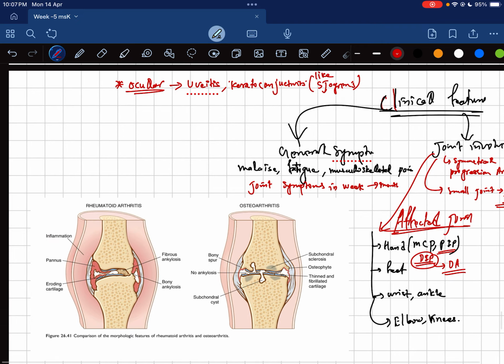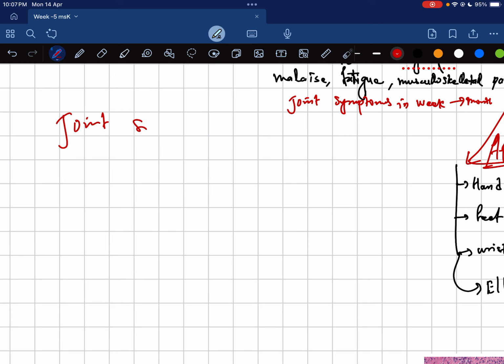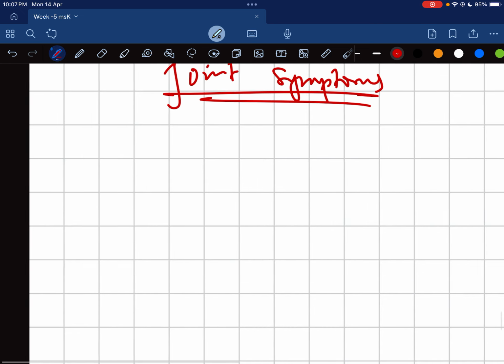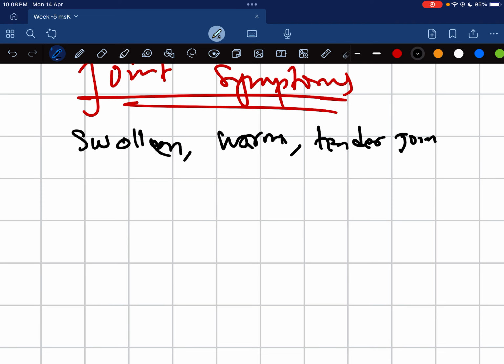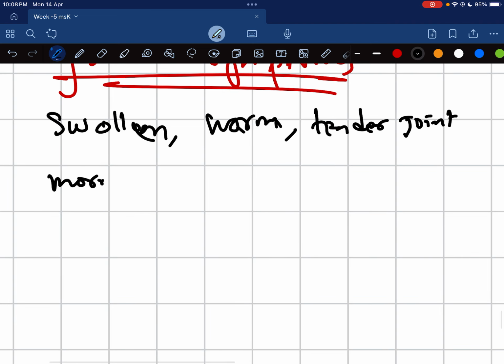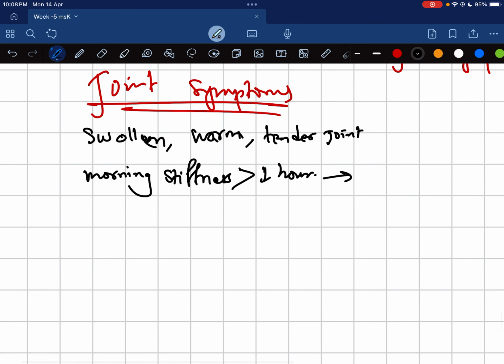Now the joint symptoms. The joints are swollen, warm, and tender, and there is morning stiffness of more than 1 hour that does not improve with activity.